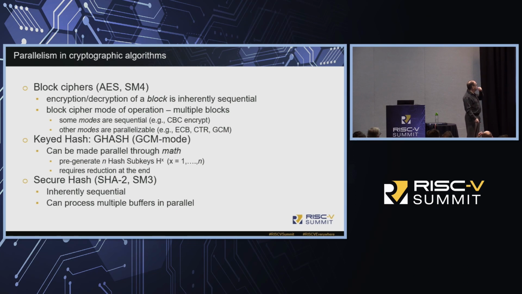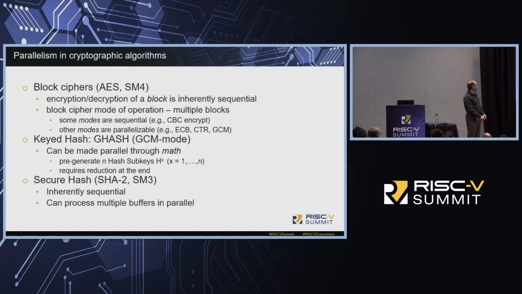And in some cases, some modes are sequential. Cipher block chaining encryption, but not decryption, is inherently sequential. But plenty of the other modes are parallelizable. Electronic code book, counter mode, or Galois counter mode. And so those you can get much higher performance, as I was talking about, interleaving the instructions.